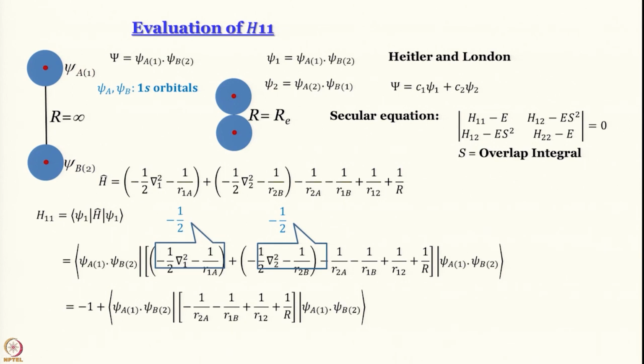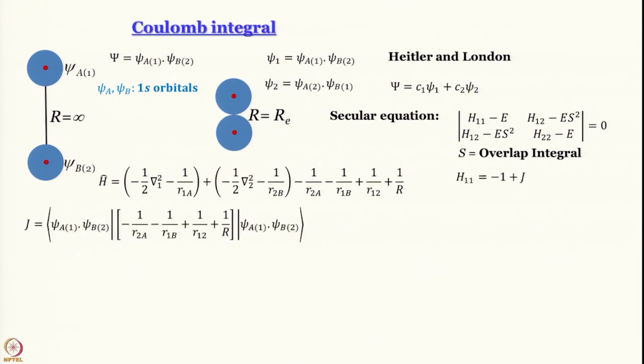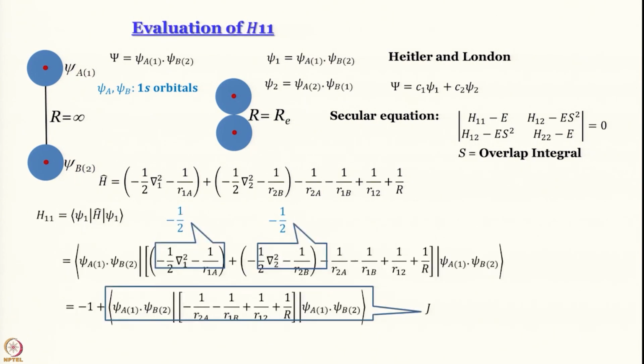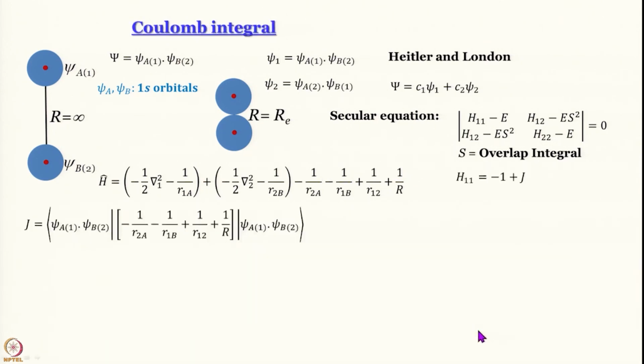So, since there is no easy way, we will just give it a name, like what we did for many electron atoms, remember, and like what we did for H11 for that matter. This name is J, and we will see what J is in a minute. So, we have got H11 equal to minus 1 plus J. Just to show you that once again, H11 is minus 1 plus this whole integral, which is written as J.